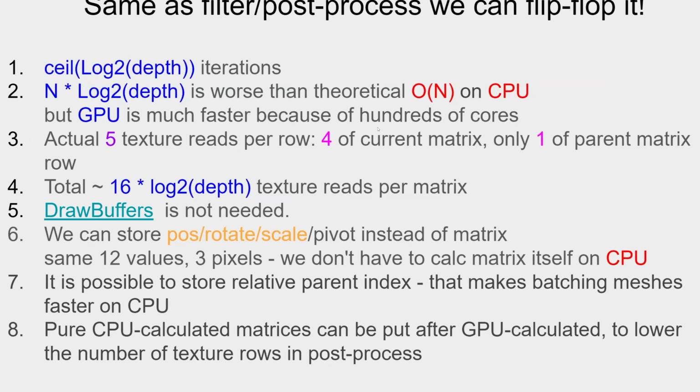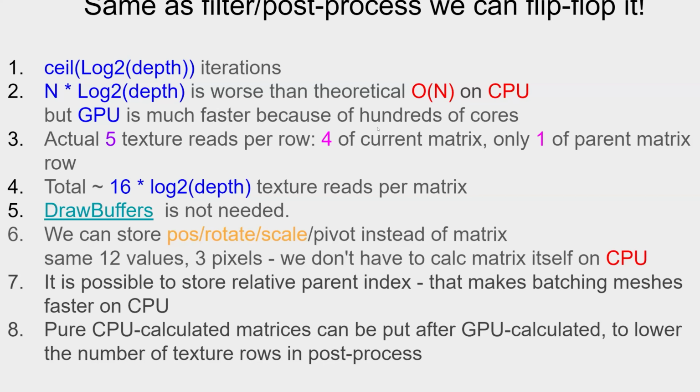The total number of reads is also not that bad. Draw buffers aren't needed, because if you want to calculate the whole matrix in one fragment shader, you need draw buffers, because you have to write several pixels, like 3 matrix rows. But it's not needed. You can just calculate each row independently.